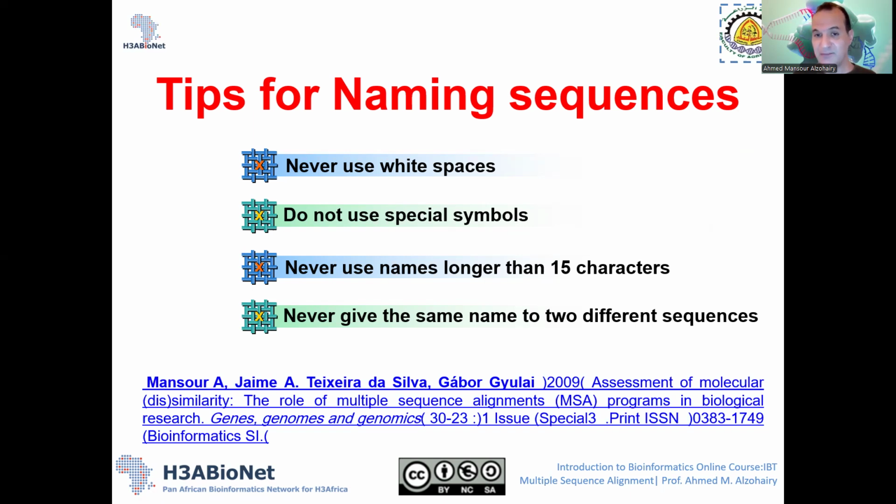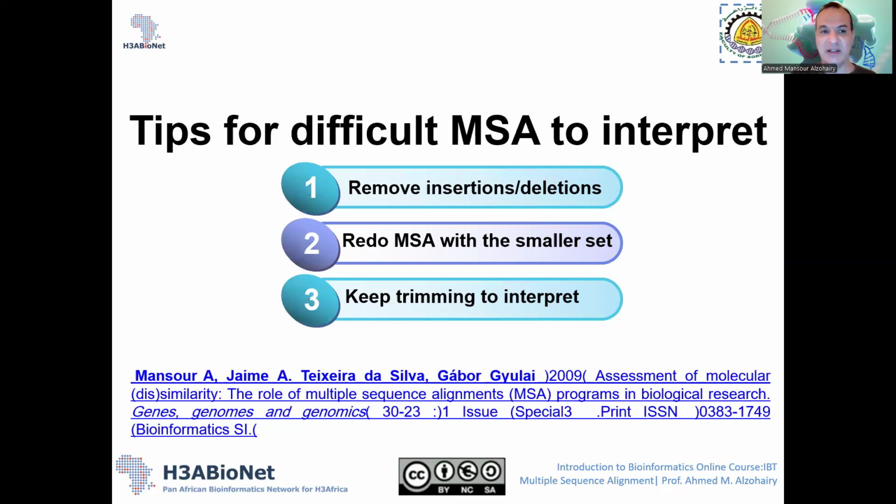These four tips are very important. If you make any mistake, you will have a problem using any program for multiple sequence alignment. So try to stick to these tips, to be sure that you will not have problems.